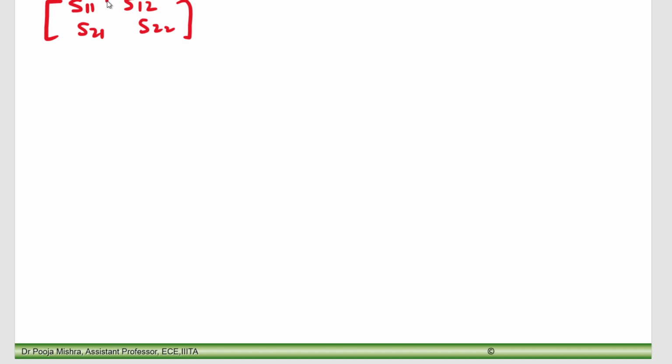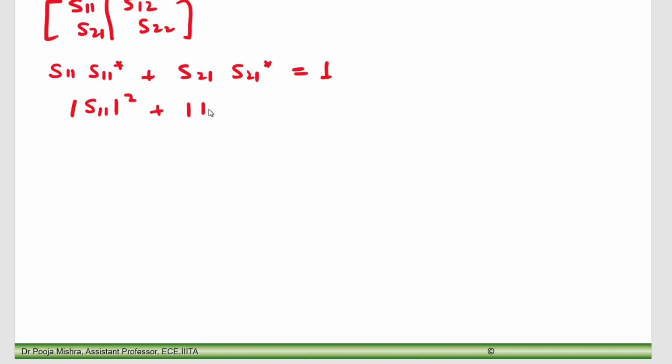What you will do is consider one particular column: S11 S11 conjugate plus S21 S21 conjugate. It should come out as 1. If it is not 1, you say that the matrix is not lossless, because all the conditions should be fulfilled. This is the first property that we obtained earlier: mod S11 square plus mod S21 square is equal to 1.